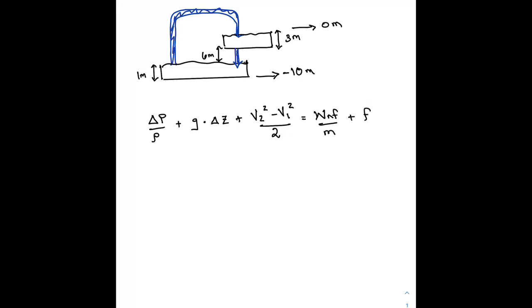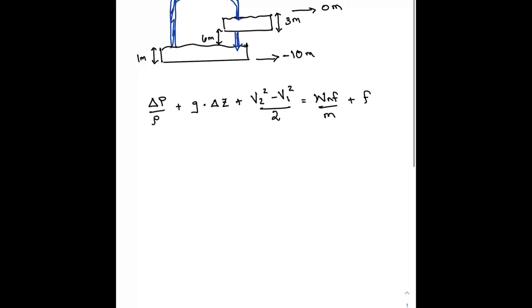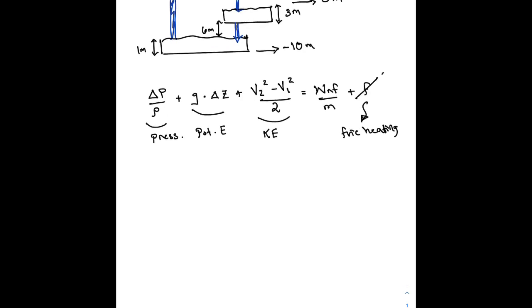This is Bernoulli's equation, but a few things to mention: this right here is the pressure, this is potential energy. We're doing an energy balance, so this is our kinetic energy, this is our non-flow work over the mass, and this right here is the frictional heating factor, but that should be 0 in this problem.